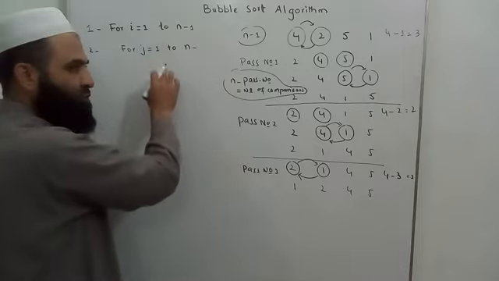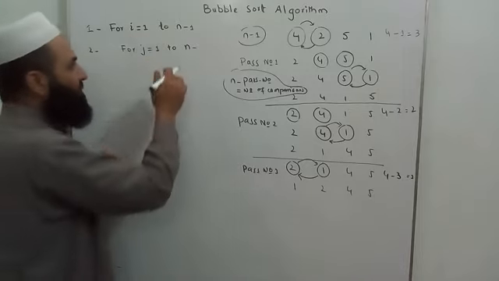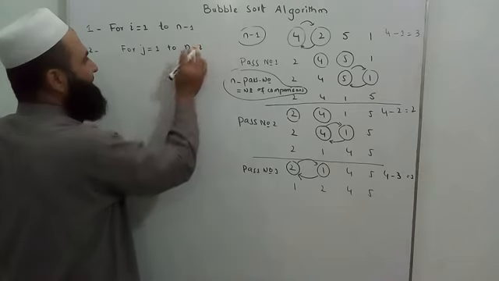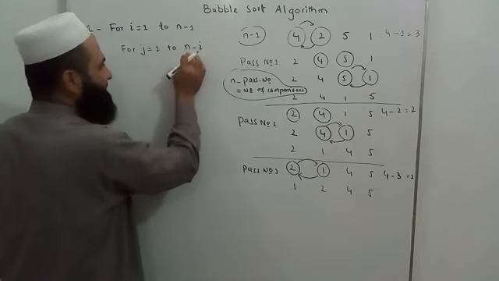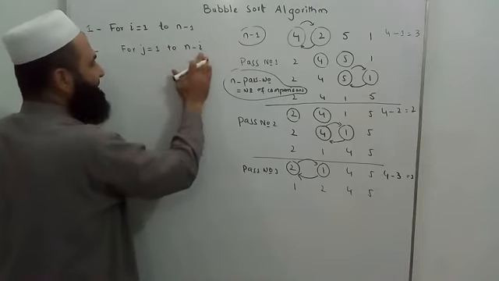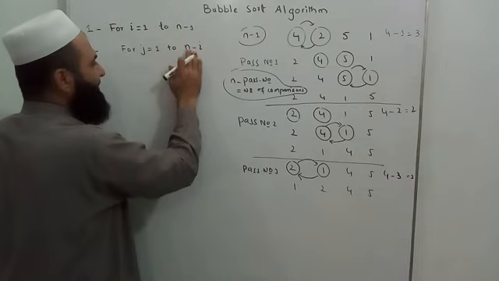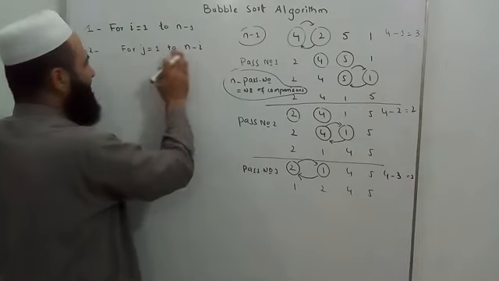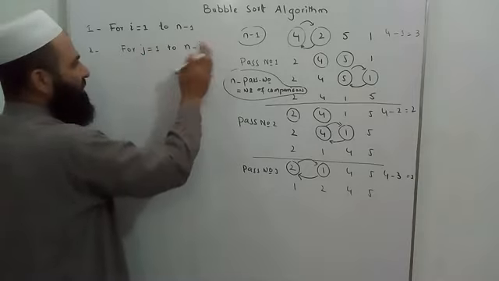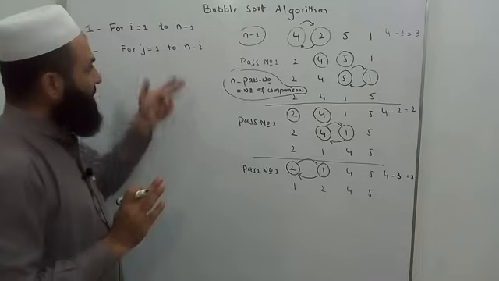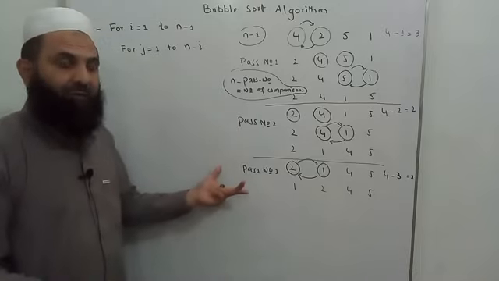If I is equal to 2, we are in the second pass. So I is the pass number, n is the total number of items. So n minus I means total number of items minus pass number. This gives us the number of comparisons. So it will run from j equal to 1 through the total number of comparisons. So I am designing the algorithm for you.